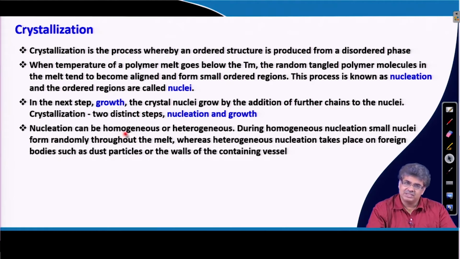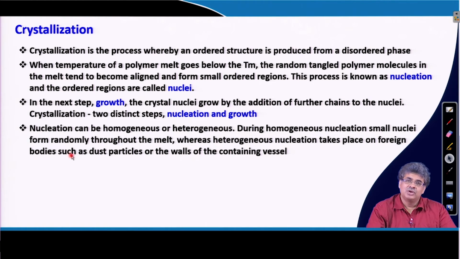Nucleation can be homogeneous or heterogeneous. In homogeneous nucleation, small nuclei form randomly throughout the melt, whereas heterogeneous nucleation takes place on foreign bodies such as dust particles or the walls of the container vessel.